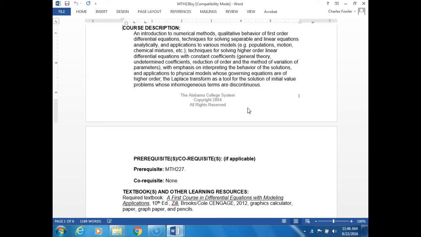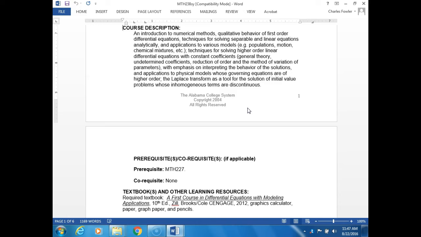Do y'all see modeling in that course description? I think I looked for it and didn't see it. So we're skipping chapter 3 and going to chapter 4. Higher order differential equation. Application to various models. But that's, to me, not quite the same as modeling. So we'll skip to chapter 4.